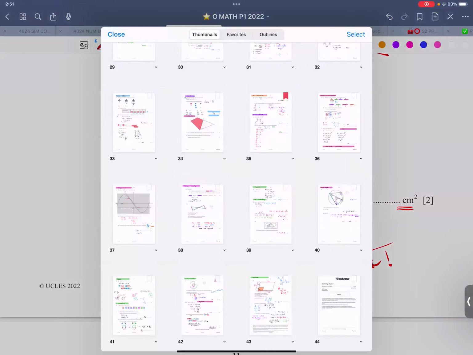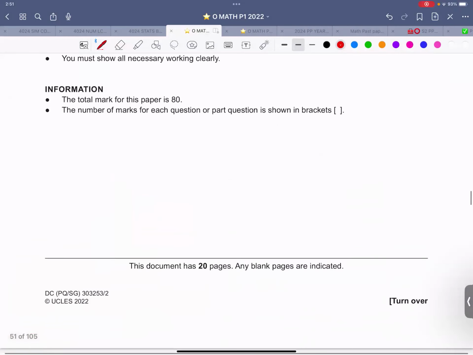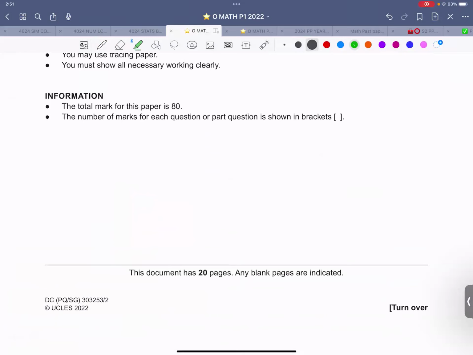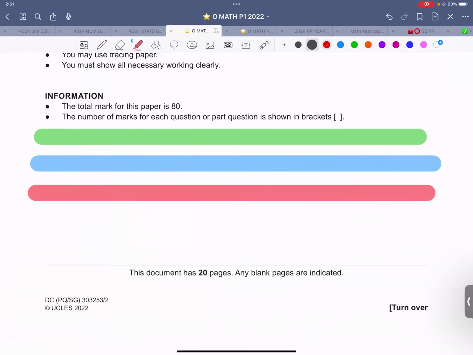This is 251. So let me go to the beginning, and let me draw a line over here, and another line, and another line. First of all, this is the starting time. I think I forgot that.